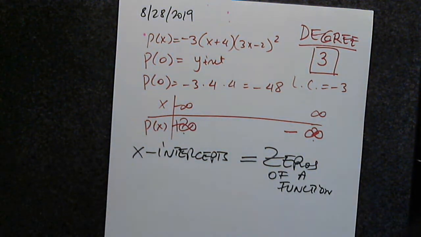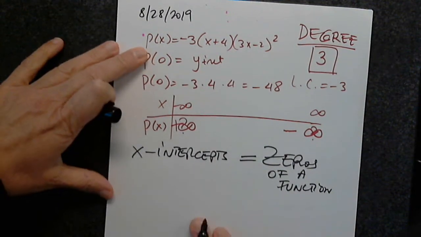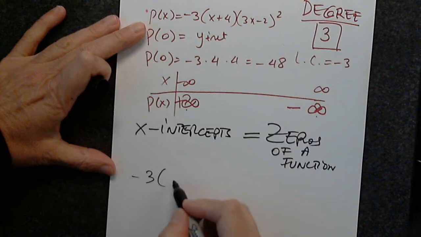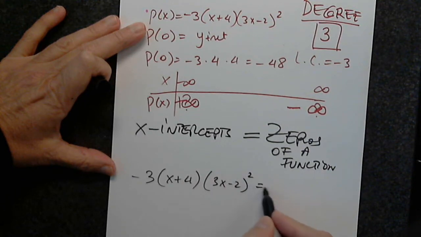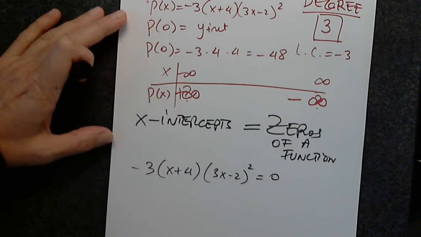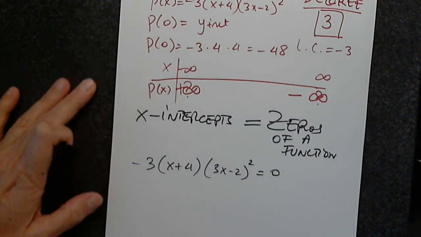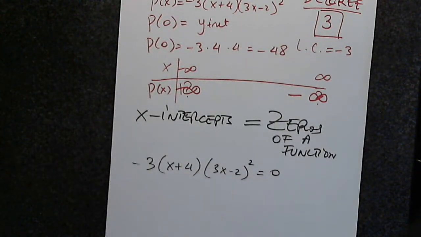They mean the same thing. So I have this function, P of x, and I have to set it equal to 0. How many solutions will I get? How many x-intercepts will I get? How many zeros will we get?